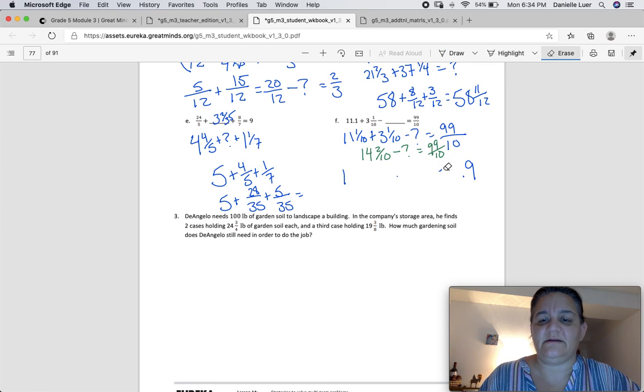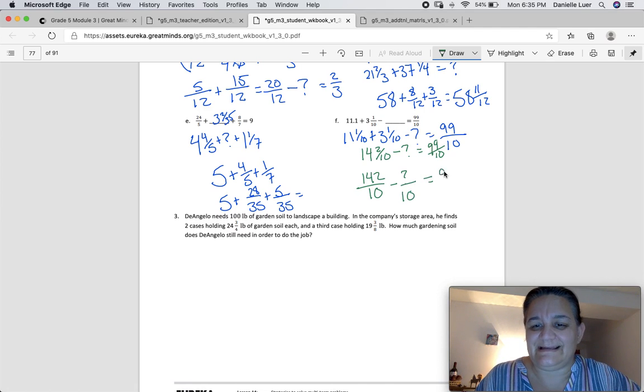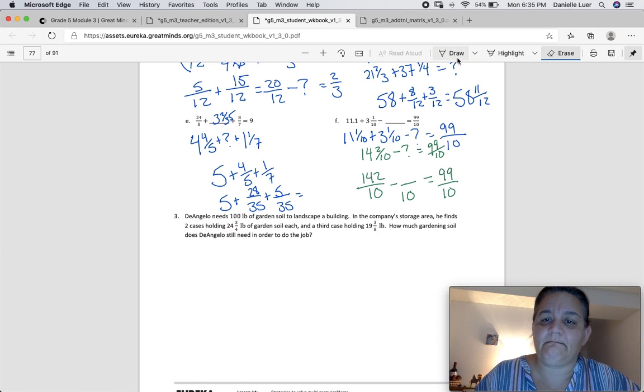I will draw them back in there, just so I can show you what I mean. So 142 tenths minus something, and it's probably going to be over tenths, isn't it, equals 99 tenths. Now all I have to do is subtract 99 from 142, which would be 43. Okay, so my answer is 43 tenths.